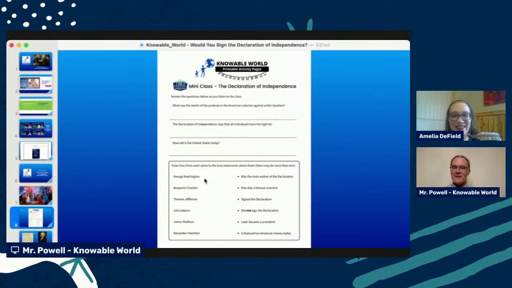And then we have just one of these boxes down here with a column on the left and a column on the right where people can draw lines from the various founding fathers, as they're called, and some of the prominent facts about them, including whether or not they signed the Declaration of Independence. So it's a simple matter of just connecting the characters on the left with a line over to the relevant facts on the right.